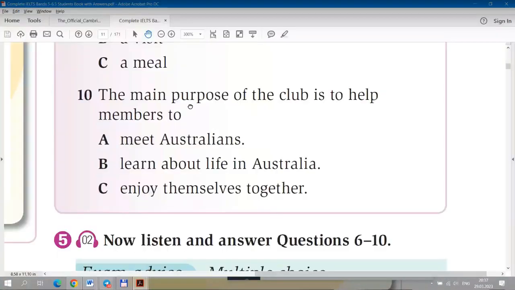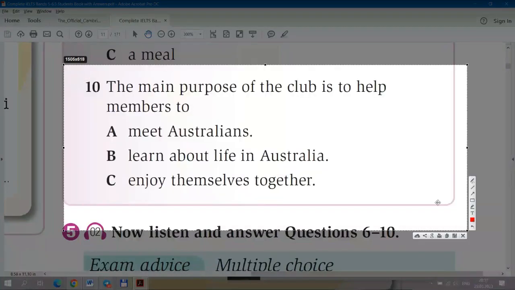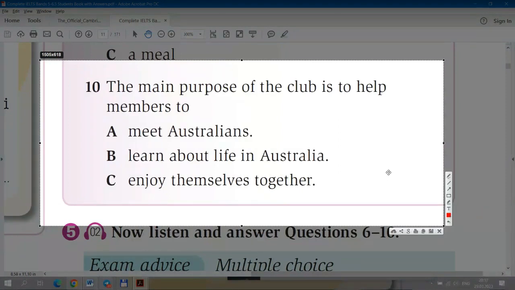Endi bu yerda keyword qaysi? 10-savolda keyword yoki keywords to'ppa-to'g'ri main purpose. Bu yerda eng muhim so'z bu main purpose deyapti. Demak, klubning asosiy maqsadi nima deyapti? Ya'ni a'zolarga nimada yordam berish bu klubning asosiy maqsadi. A. Avstraliyaliklar bilan uchrashish.